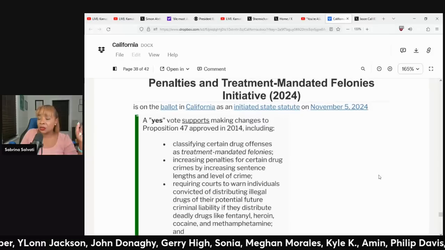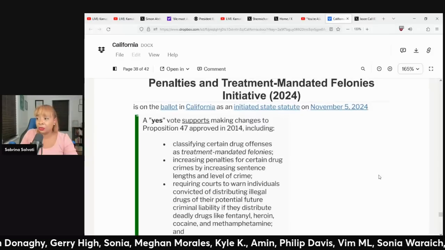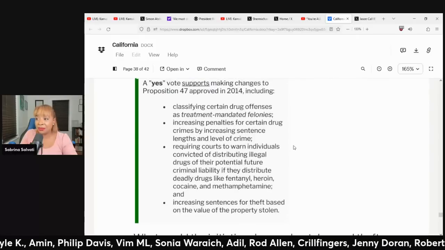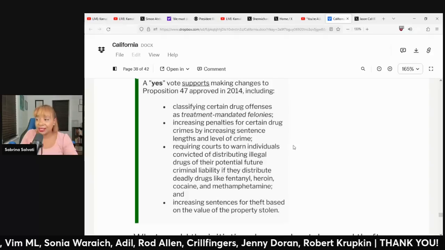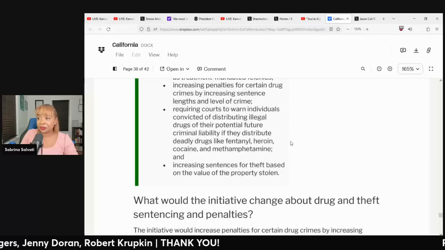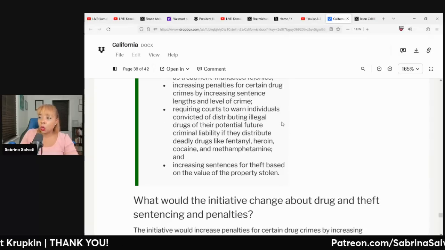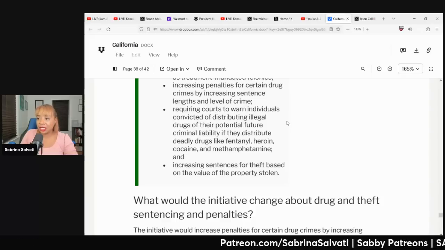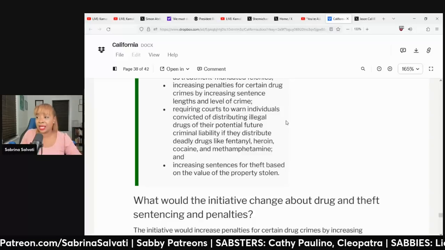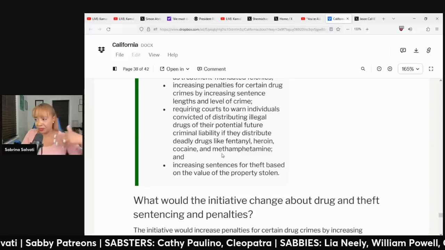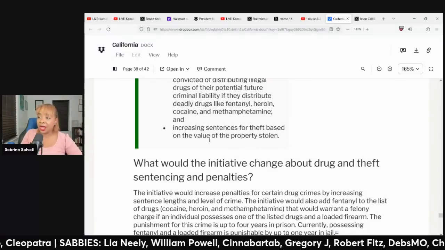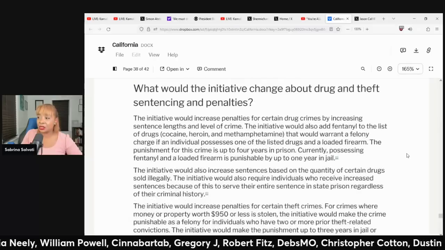A yes vote supports making changes to Proposition 47 approved in 2014, including classifying certain drug offenses as treatment mandated felonies, increasing penalties for certain drug crimes by increasing sentence length and level of crime, requiring courts to warn individuals convicted of distributing illegal drugs of their potential future criminal liability if they distribute deadly drugs like fentanyl, heroin, cocaine, methamphetamine, and increasing sentences for theft based on the value of the property that is stolen.